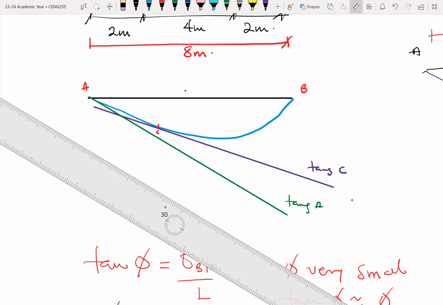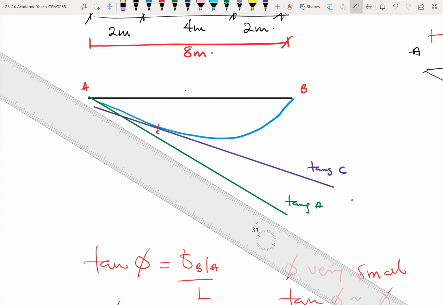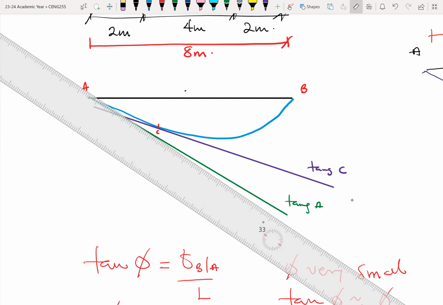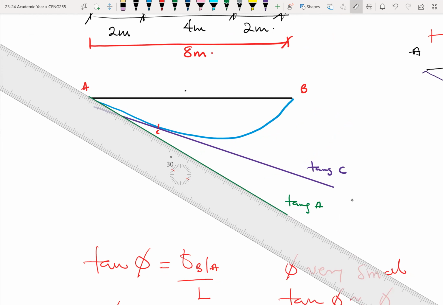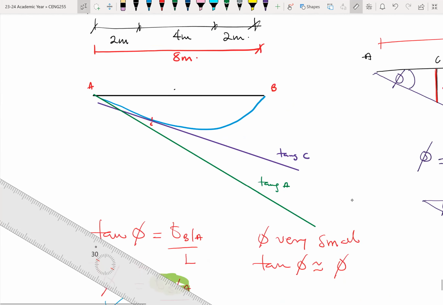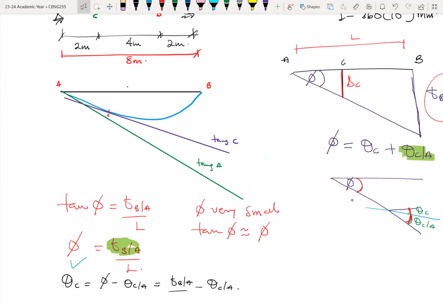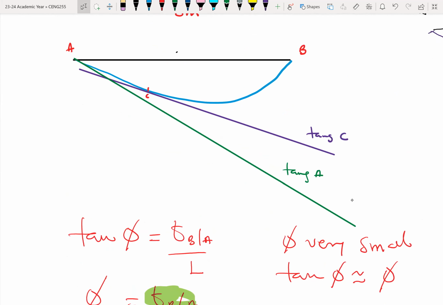Now, I think these two points should help us. I should have extended this a little bit. Let me just extend this line a little bit. If you want to redraw something, that's always a challenge. Okay, so this is fine.